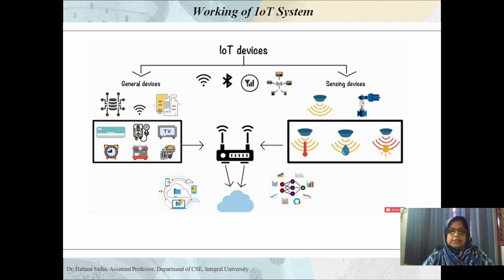The cloud acts as both the storage and the processing unit, and then based upon the data analytics, an inference can be made out of it. So, this is how an IoT system works. The devices are there, general as well as the sensing devices, we have gateways, we have cloud storage, and then we have several data processing units that basically convert the captured information into meaningful information.